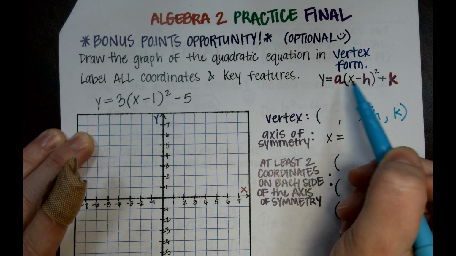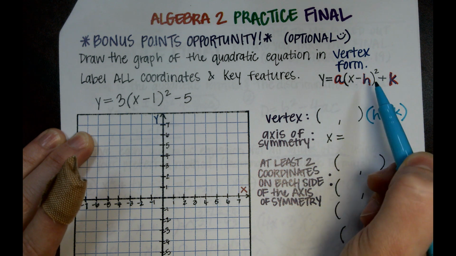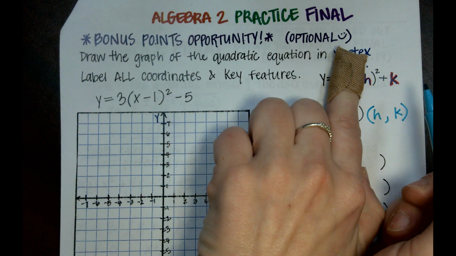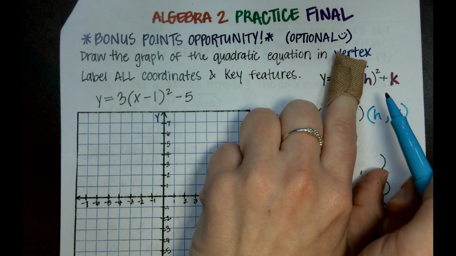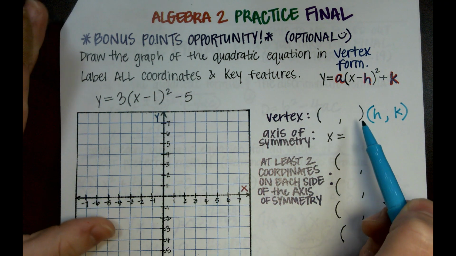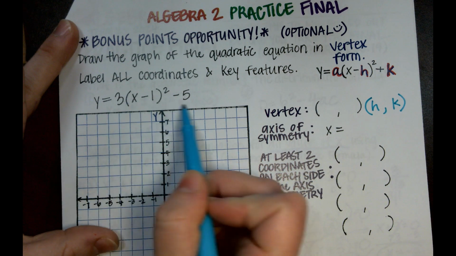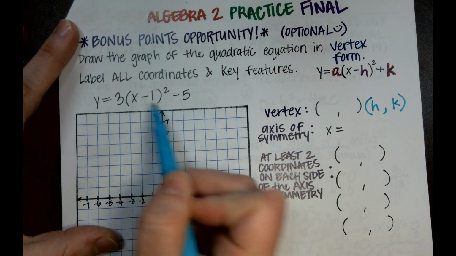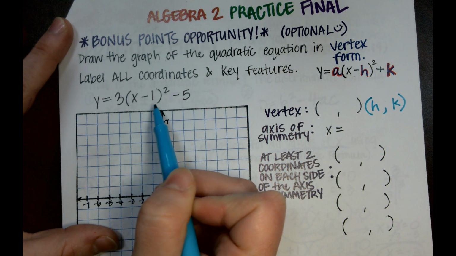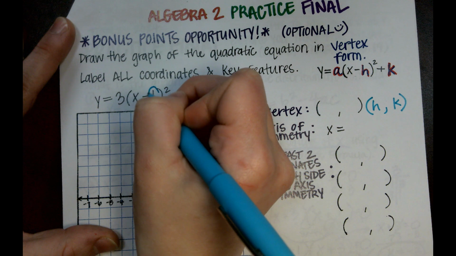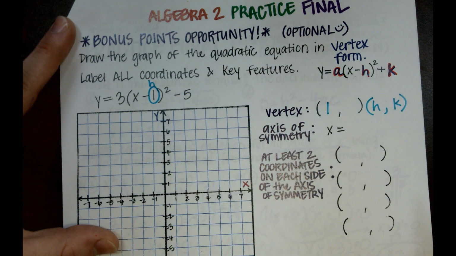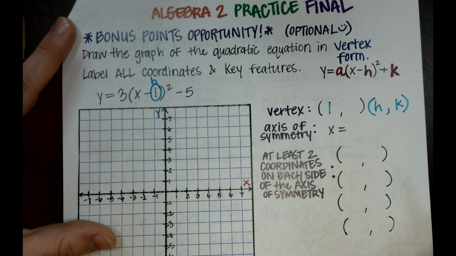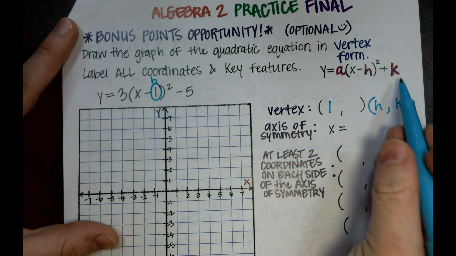Let's pay attention to this formula here. It says x minus h. So h is just by itself. We're not worried about that negative necessarily. And then there's plus k. So, in this equation I give you, what number is my h? 1. Good. So there's my x value of my vertex. And what's my k?